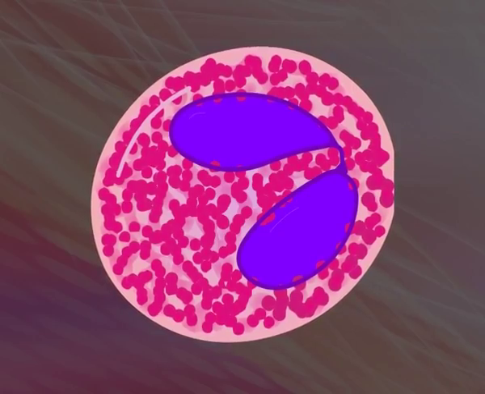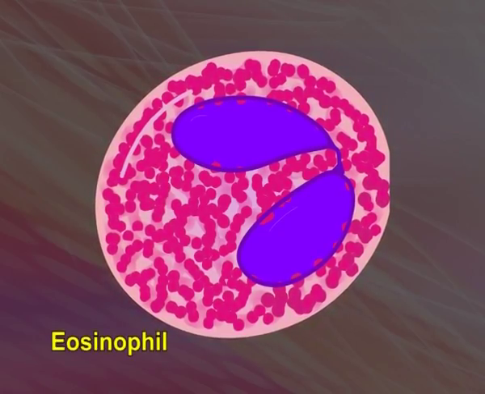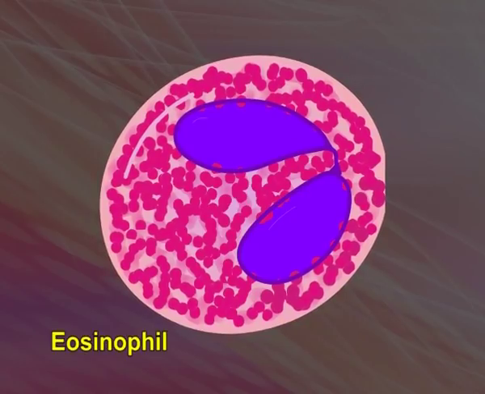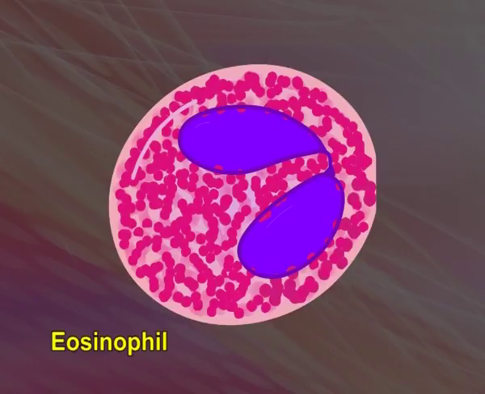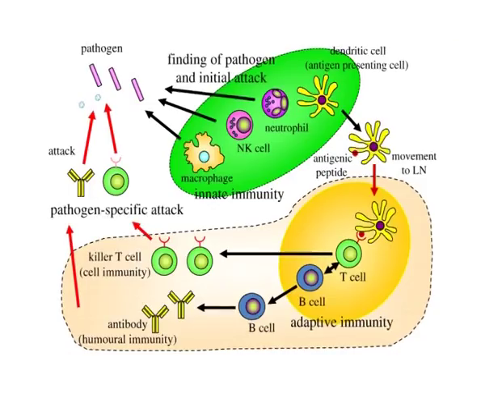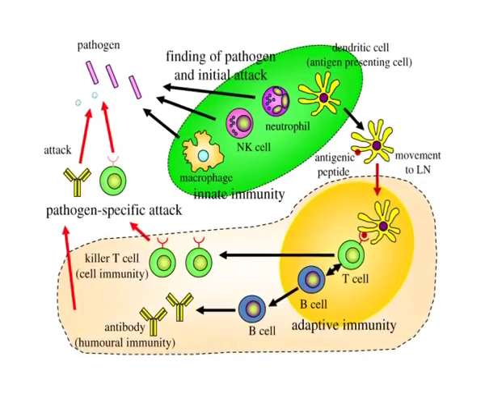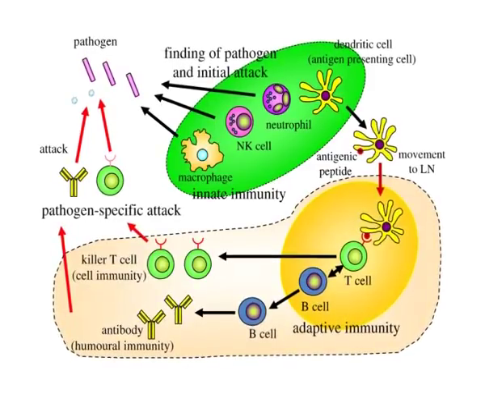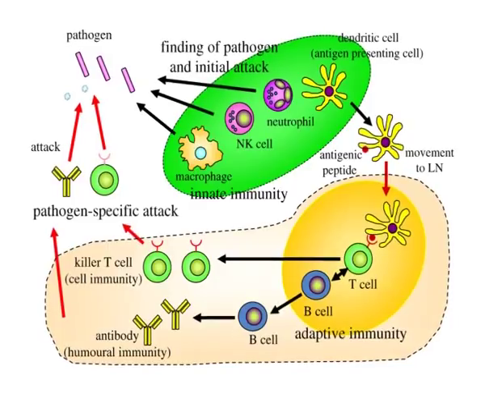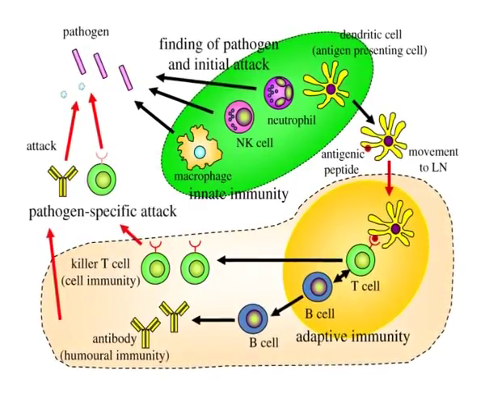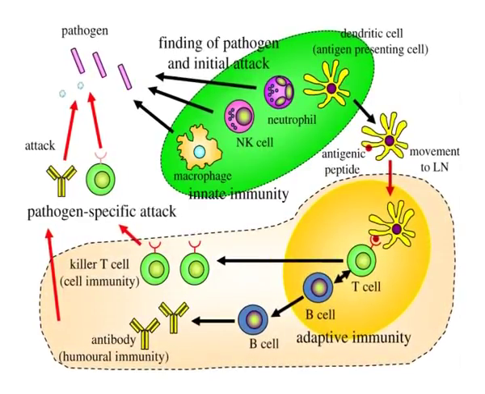A further specialized innate cell is the eosinophil that plays a particular role in targeting larger infective organisms such as parasitic worms. The complement system represents the humoral arm of innate immunity and consists of a number of proteins found in solution in the blood that can interact directly or indirectly with infective bacteria through different activation pathways.